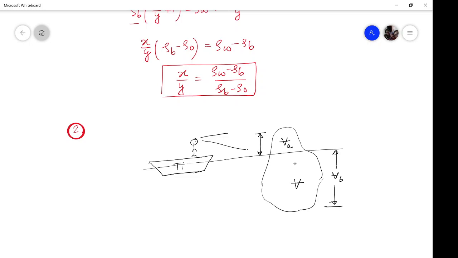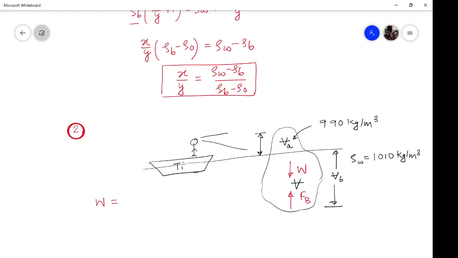Assume the density of water in the sea is 1110 kilogram per meter cube because of the salt content there, and as this is an iceberg, it will be lighter, so let us assume a density of 990 kg per meter cube. Now comes the analysis. The weight of this iceberg should be balanced by the buoyancy force. So what is the weight of this iceberg?